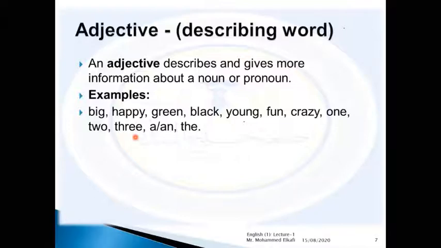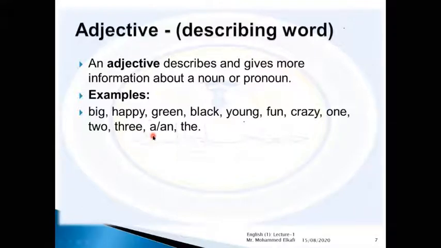So we think of the order. We call these numbers either ordinal or cardinal. Ordinal numbers we use in order: first, second, and third. And cardinals are 1, 2, 3, etc.